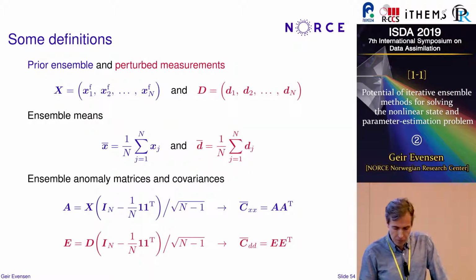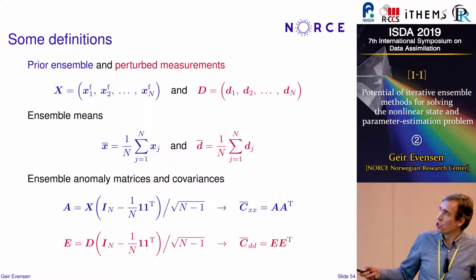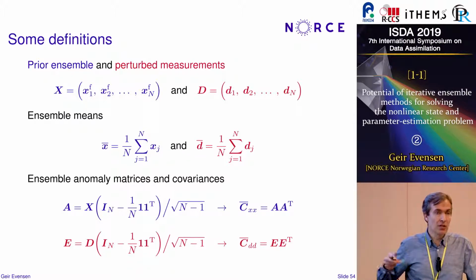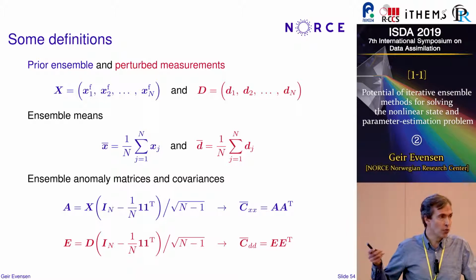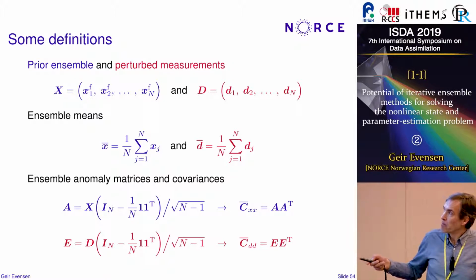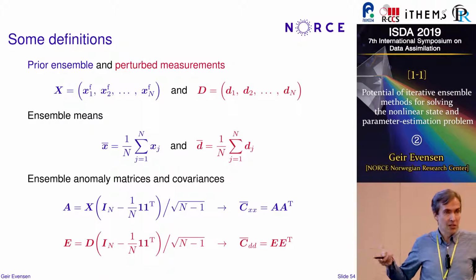Let's just make some definitions. I have the prior ensemble in blue, that's my X. I have an ensemble of measurement perturbations. I should also say that this work is highly inspired by the iterative smoothers by Sakov and Bocquet, who did this for the square root methods. But it gets a bit more complex in the derivations here.